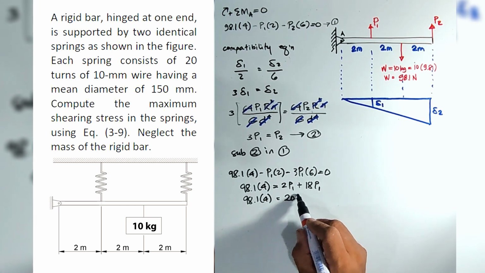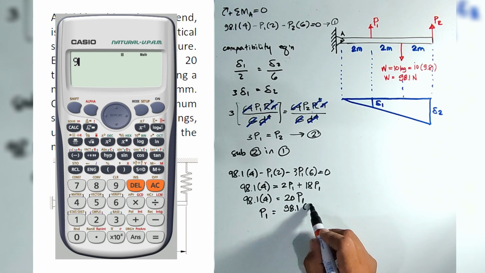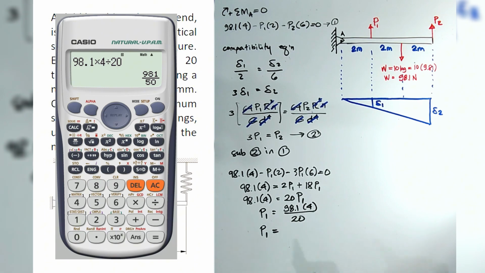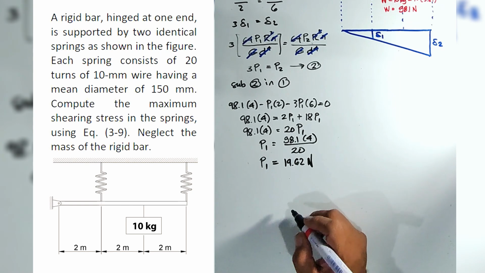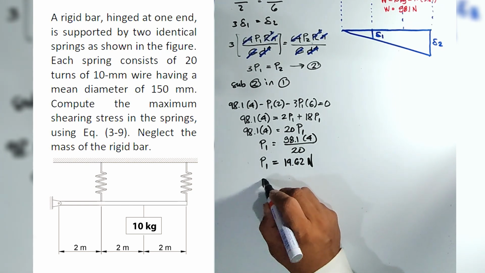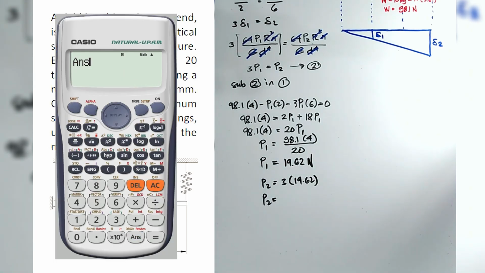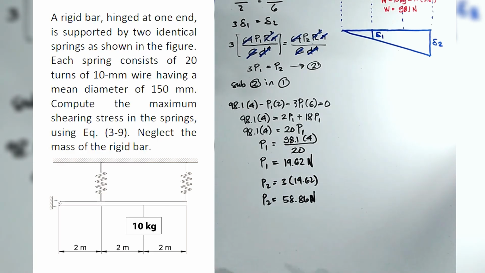We have 20 P1. That means P1 is 98.1 times 4 divided by 20, or P1 equals 19.62 newtons. Then P sub 2 is 3 times P1. That's 3 times 19.62 is 58.86 newtons. So now we can solve the shearing stress in each of the springs.